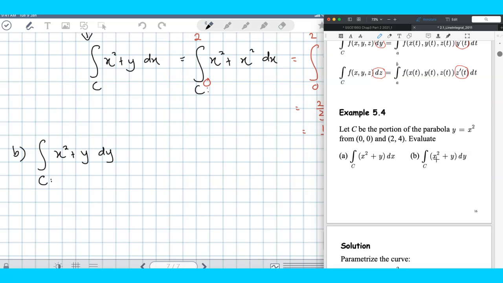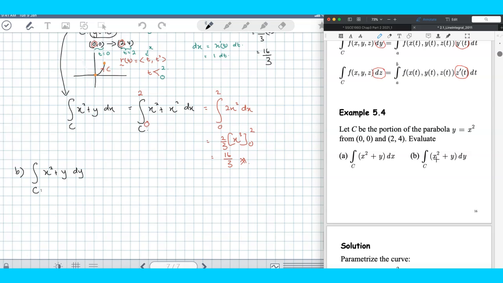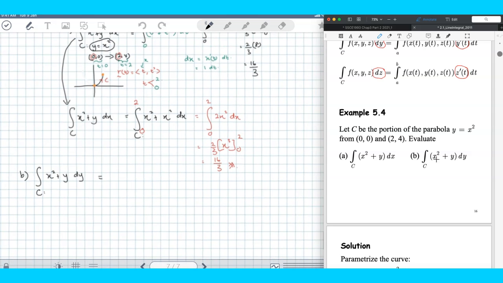So we have the same curve, and I want to convert everything in terms of y.